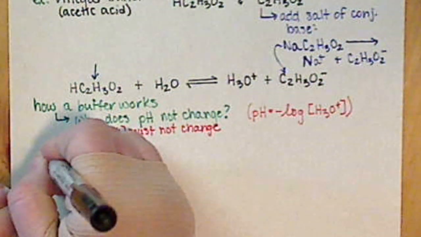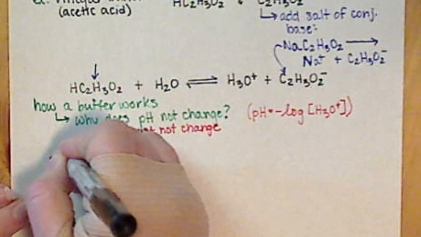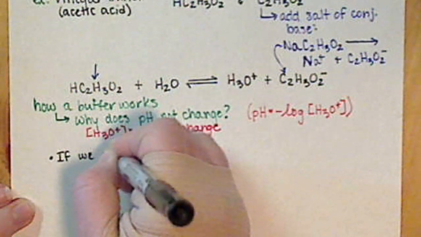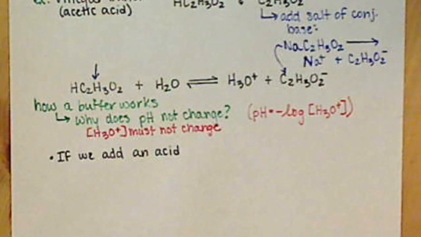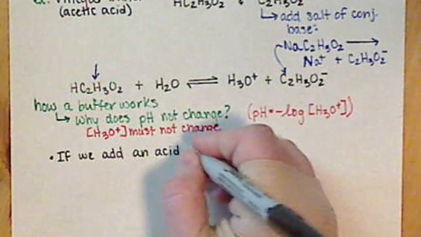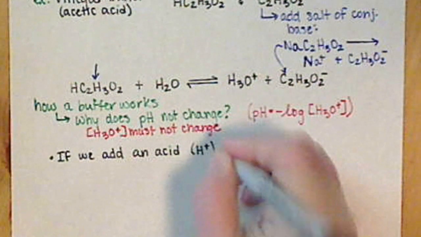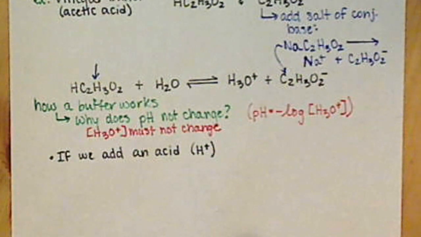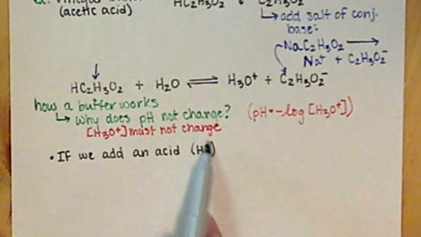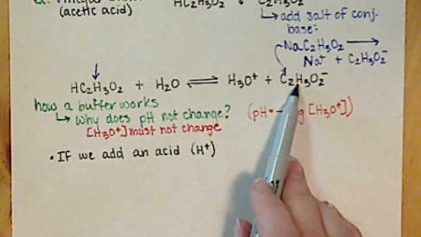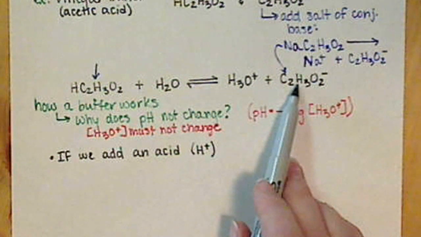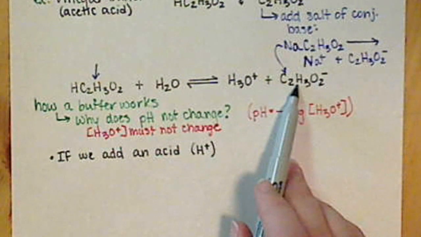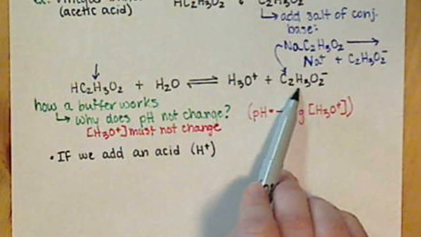So let's look at what happens if we add an acid. It doesn't matter what acid we add; let's just say we're going to add H+. Very generic acid, don't get too specific. What happens is opposites attract. Our H+ is going to want to combine with our acetate ion, positive, negative.